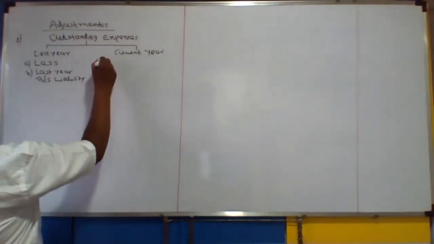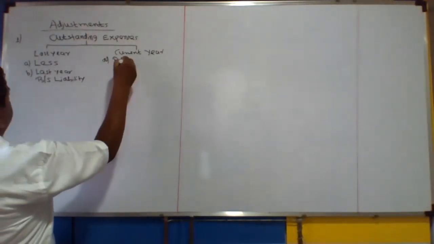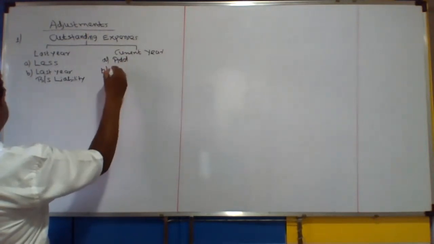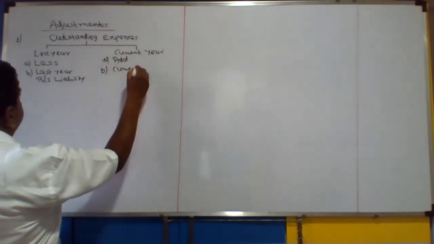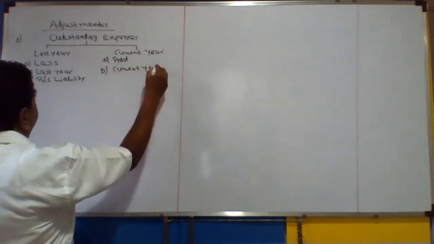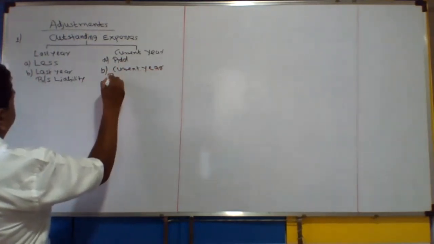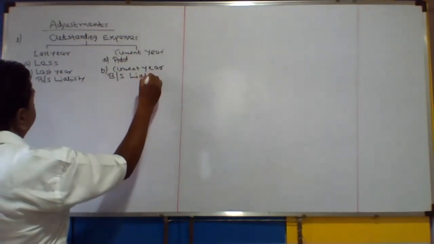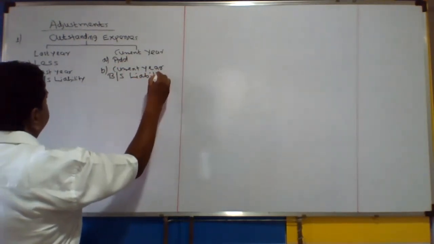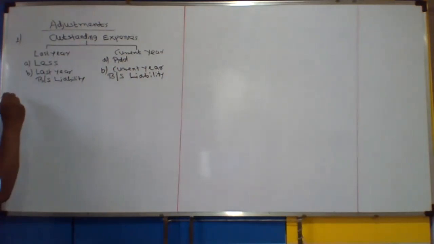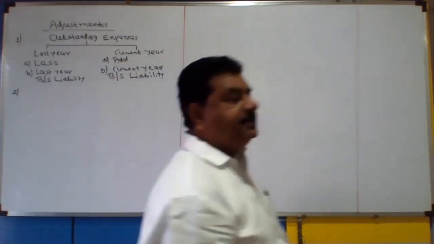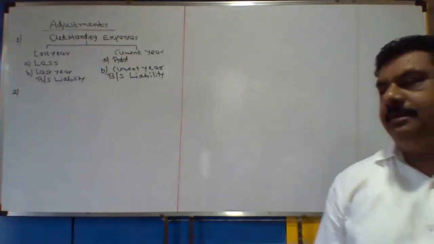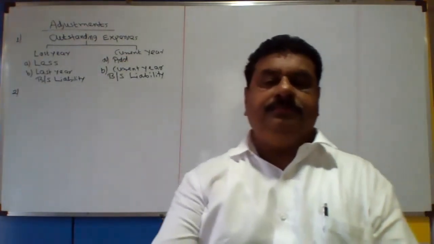While current year outstanding add, same like final accounts. And current year balance sheet liability. This is adjustment number 1, outstanding expenses.